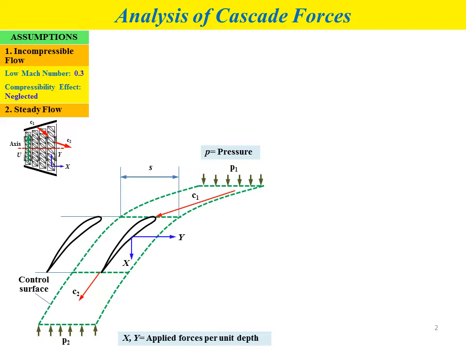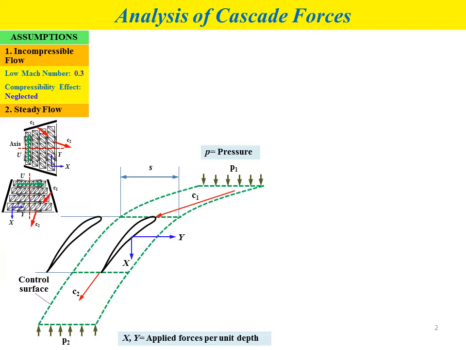Now, in order to make sure that the physical properties of the parameters involved in the cascade blade are similar to the figure that we discussed just now, we just rotate the schematic diagram as shown by the second figure of the turbine rotor blade.